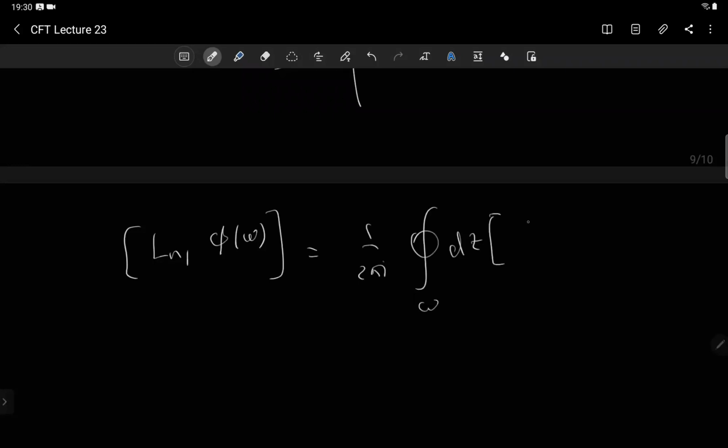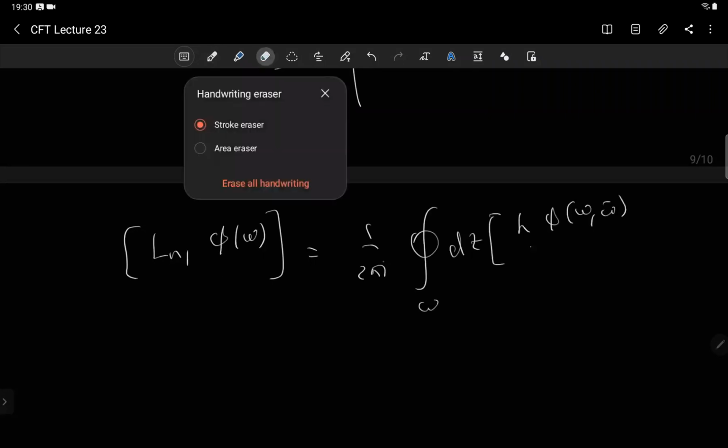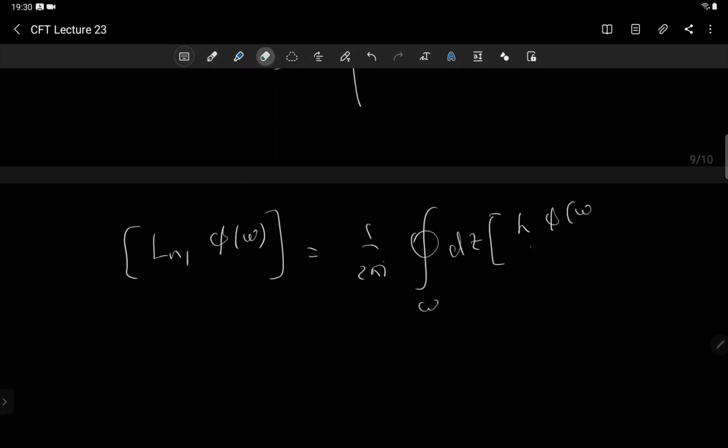The OPE of this is given by h phi(omega). We must remember that omega here also includes omega bar, but it will not play any role. So I'll just suppress omega bar, but remember that omega bar is there. There is also a z to the n plus 1 here, because L_n contains z to the n plus 1.